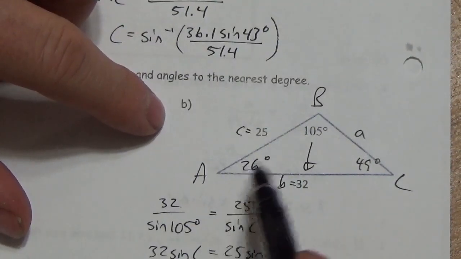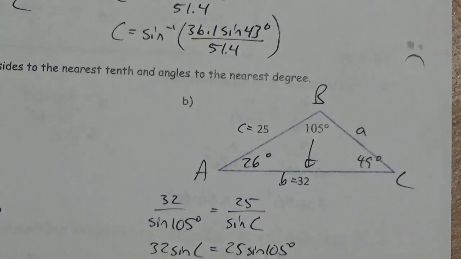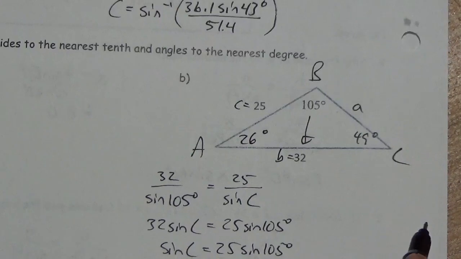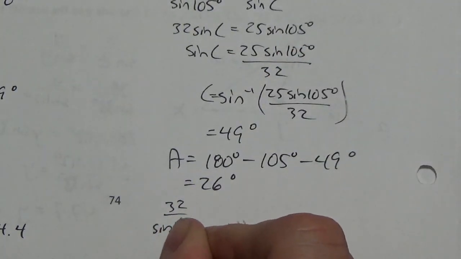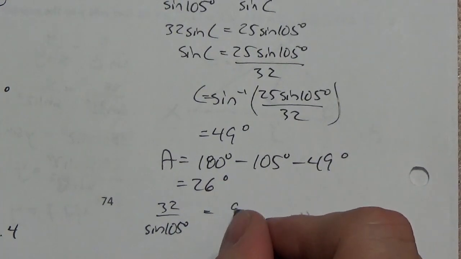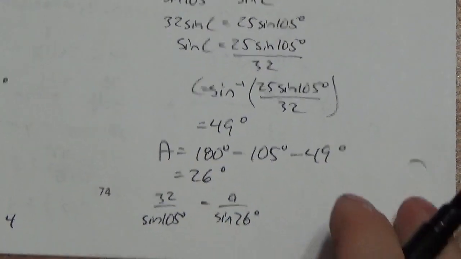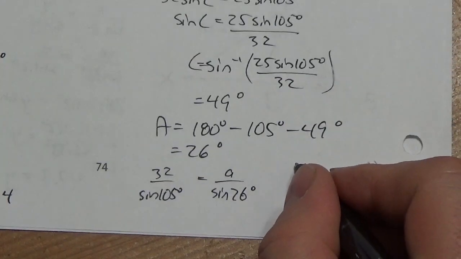Okay, I have the angle opposite that side, so now I can set up the sine law to find that bit of information that I'm missing. So it'll be 32 over the sine of 105 is going to equal A, that unknown, over the sine of 26 degrees. Now, I'm running out of room at the bottom here, so I'm going to do that cross multiplying and dividing just in one step.